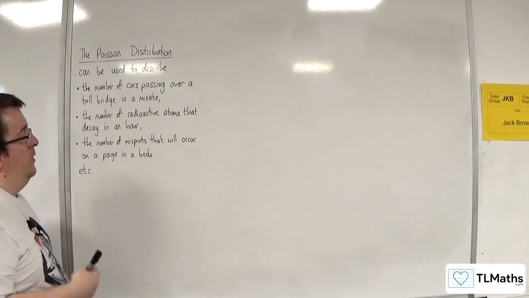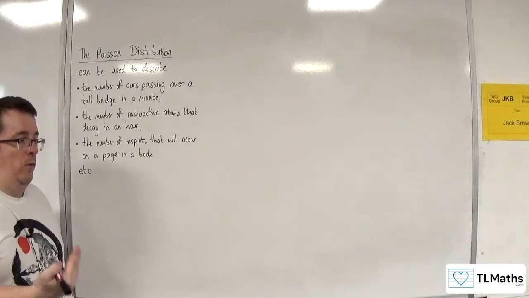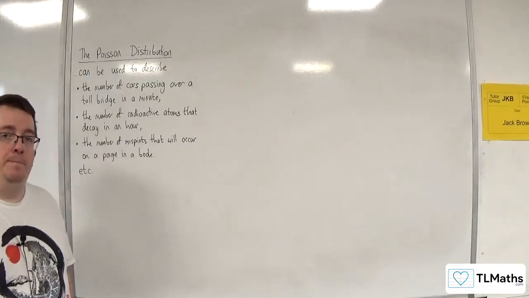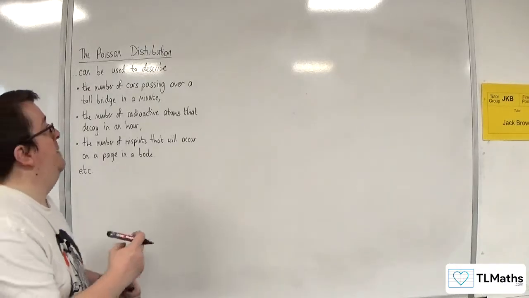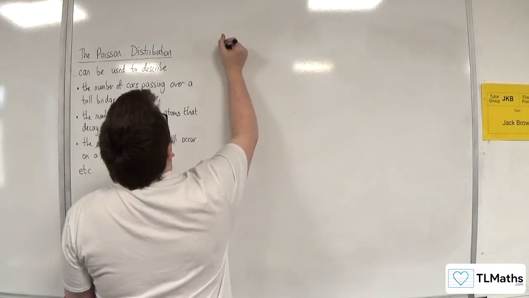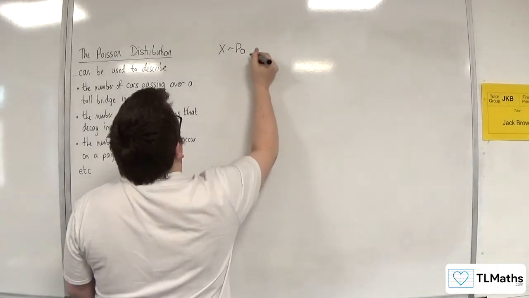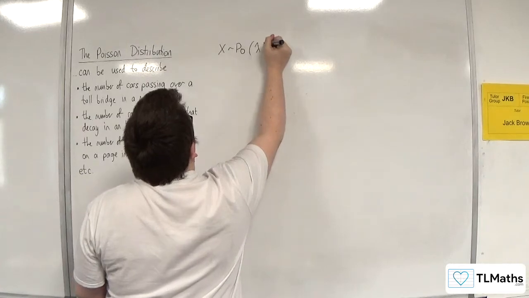Okay, so the average rate at which these things happen, we label as lambda. So we use the Greek letter lambda to represent that. And we write that X is a Poisson distribution, so Po, with this one parameter lambda.